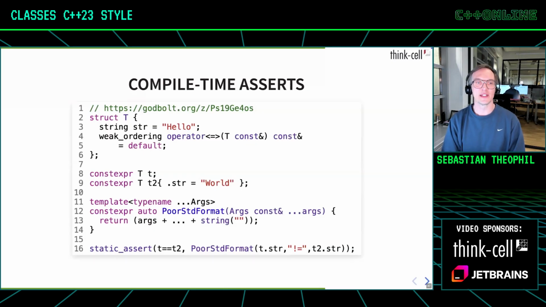So the idea was to use that with compile time std::format, but I'm not sure if that is done yet. So I had to write my own poor man's compile time std::format that takes my two strings and concatenates them, and this is all constexpr. And I can now pass this to static_assert as a dynamic compile time error message.